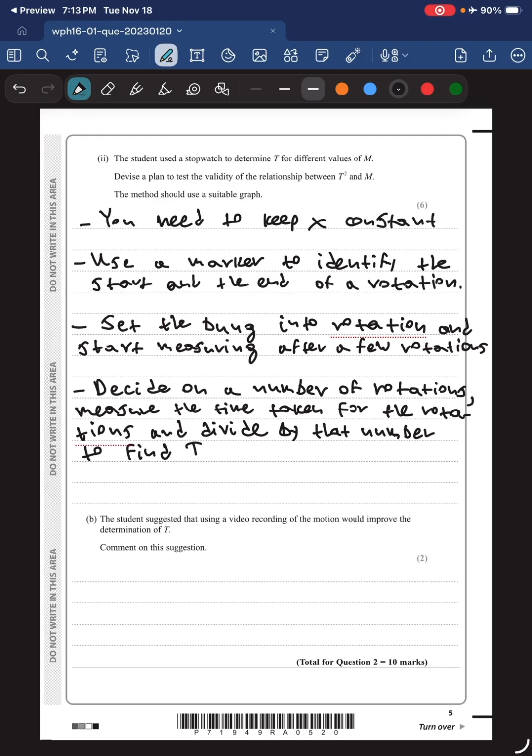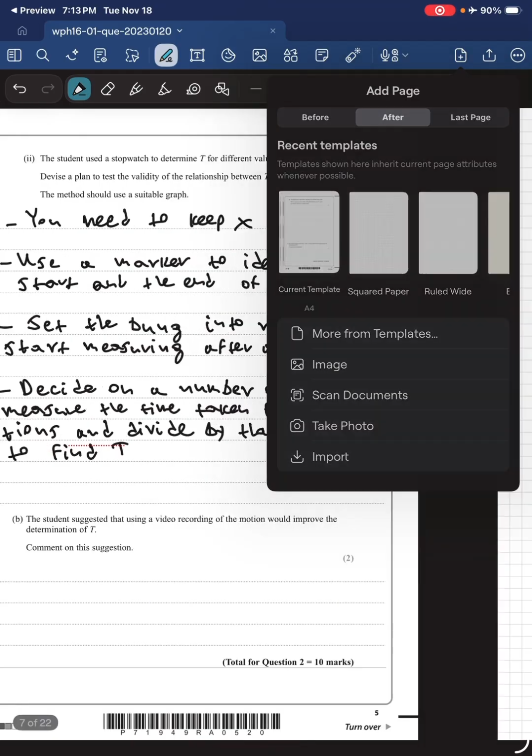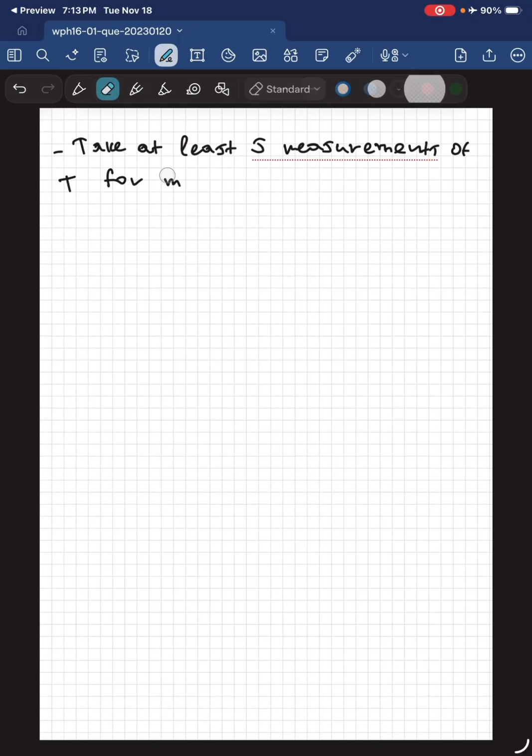Okay, what else? Let's use a clean page. Take at least 5 measurements of t for 5 different masses, capital M, and this is the number 5.